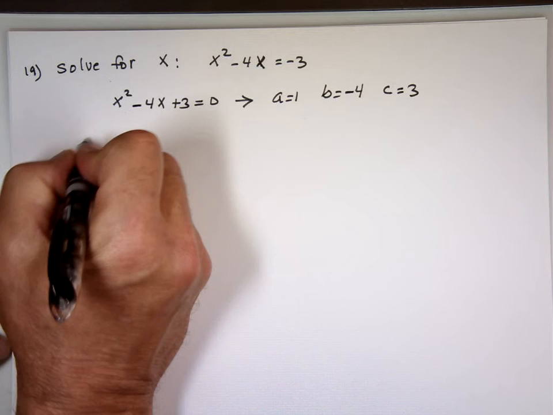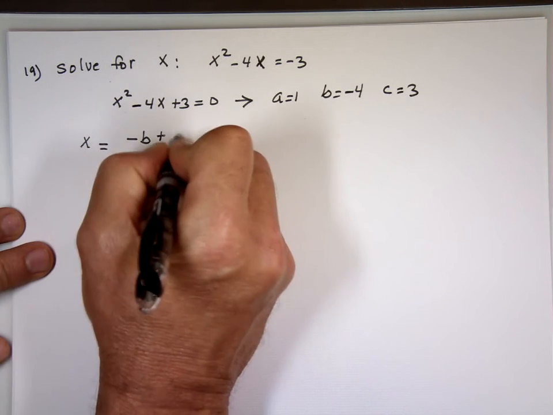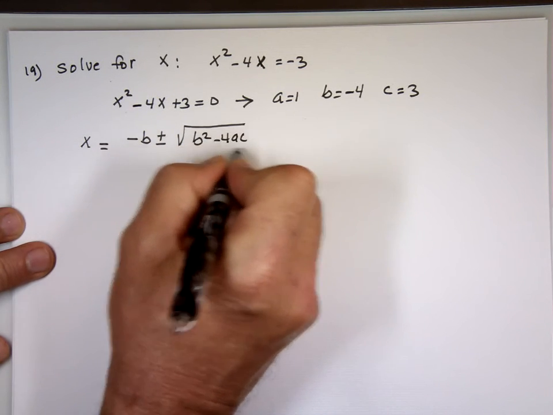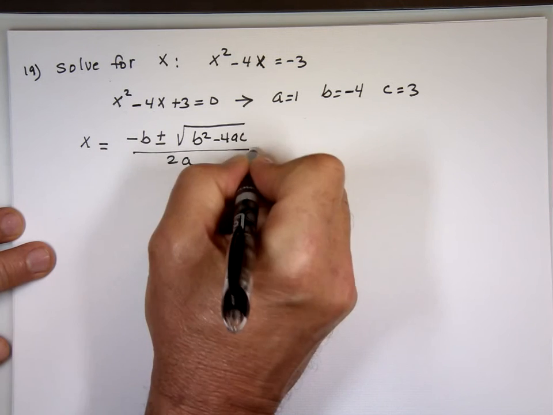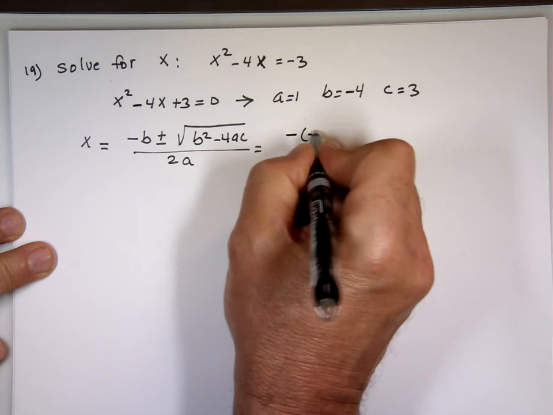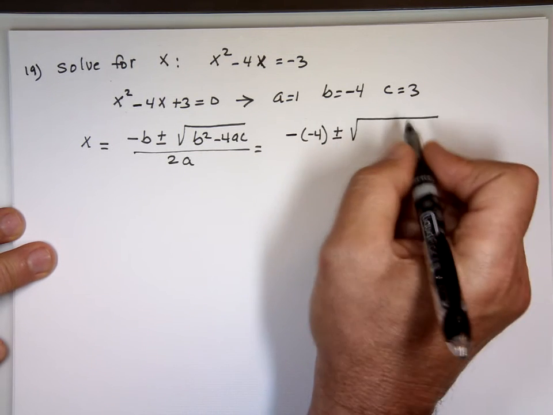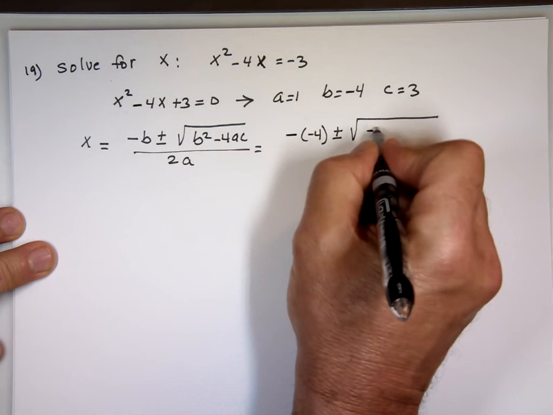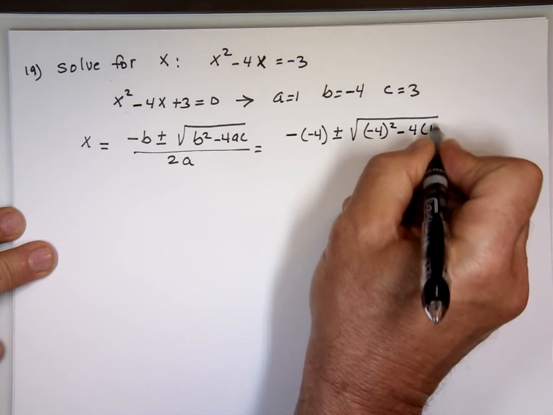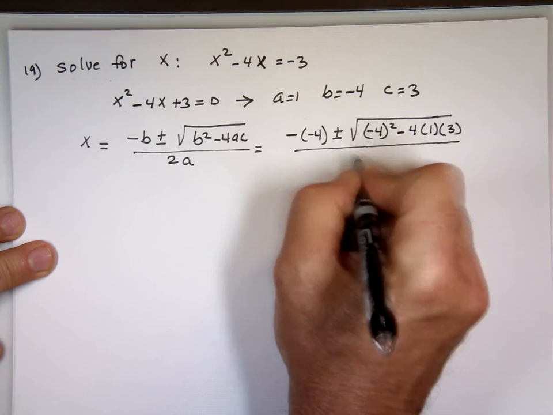x equals minus b plus or minus the square root of b squared minus 4ac, divided by 2a. Minus b is what? Negative 4 plus or minus the square root of negative 4 squared minus 4 times a, which is 1, times c, which is 3, over 2 times 1.